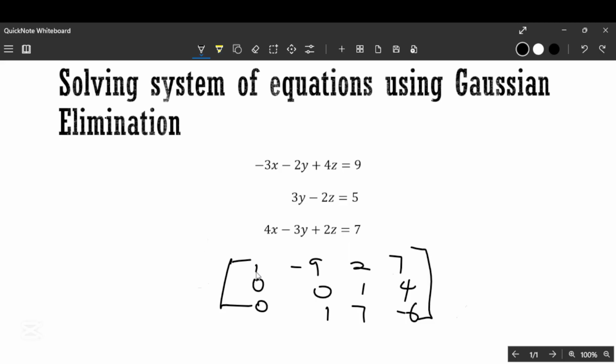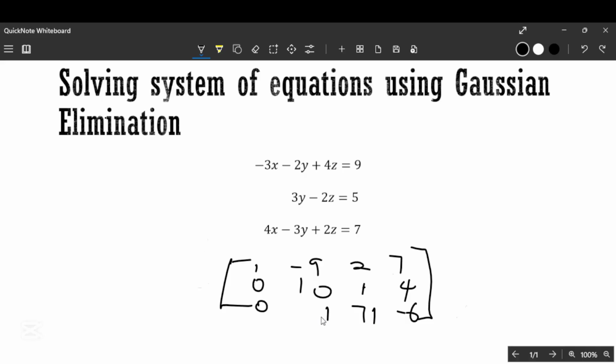Of course, the first entry of the first row is 1, but for the second row, we know that 1 should have been here, in this place, but now 1 is here. And this one too, we know that this particular one here was supposed to be here, so that here will be 0. The 1 here should have been here, and this 0 could have been shifted somewhere else, and then this one should have been where the 7 is.